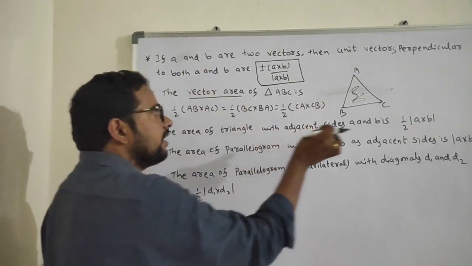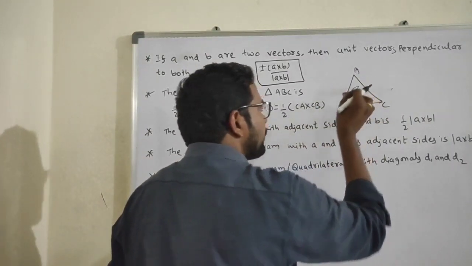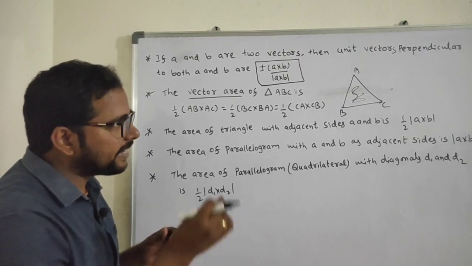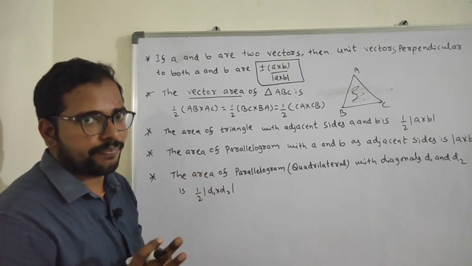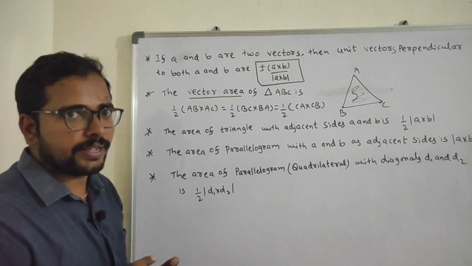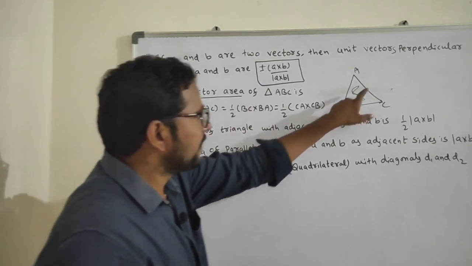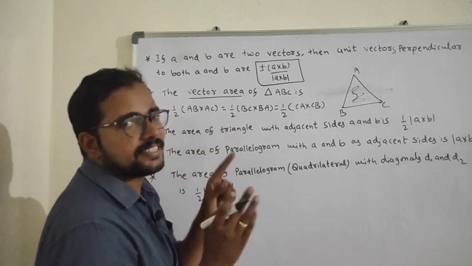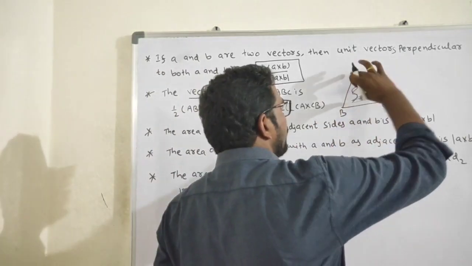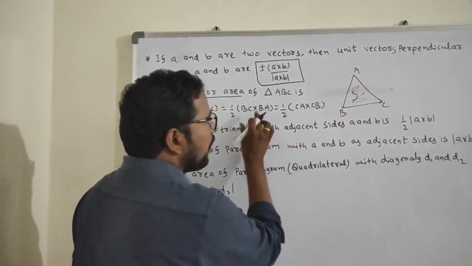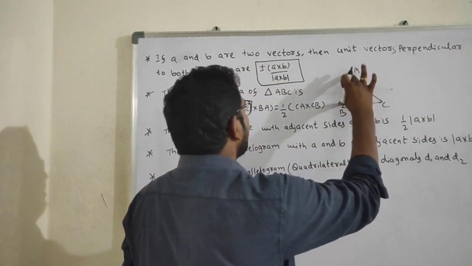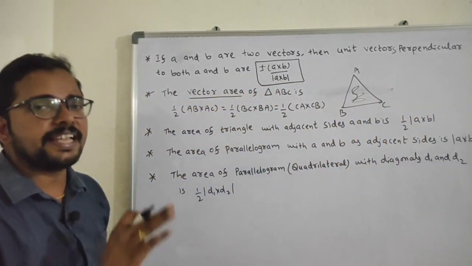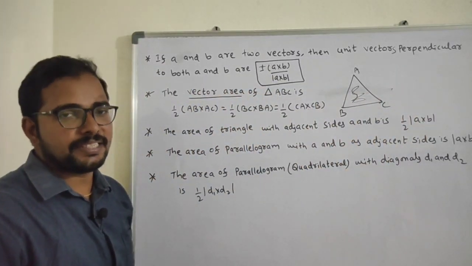Vector area means we have to express the area in vector form, that is, in i, j, k form. So the vector area is half into AB cross AC, using adjacent sides, or half into BC cross BA, or half into CA cross CB.